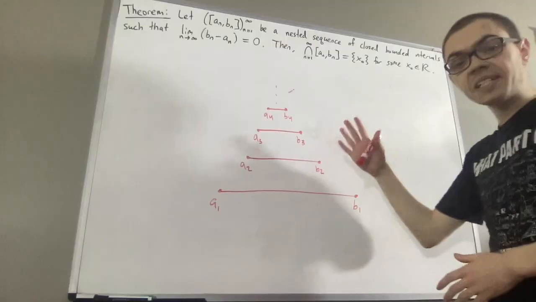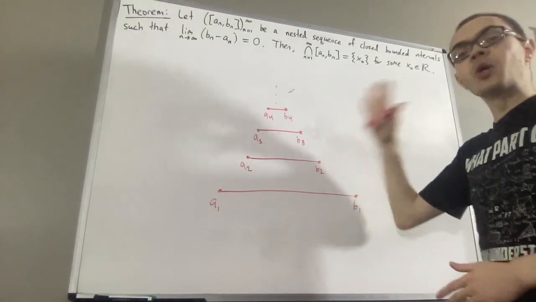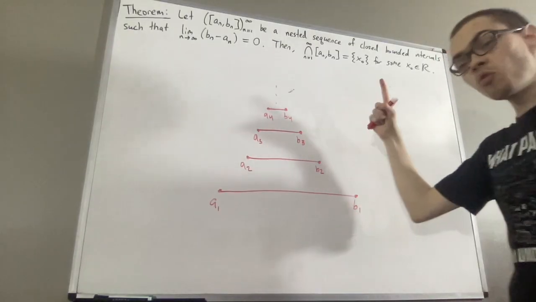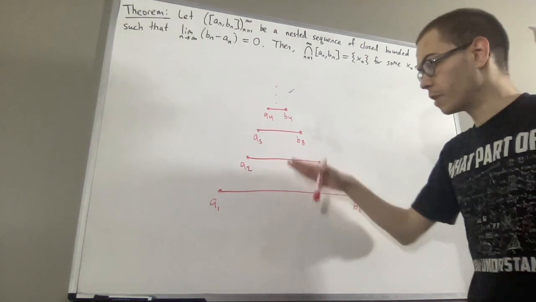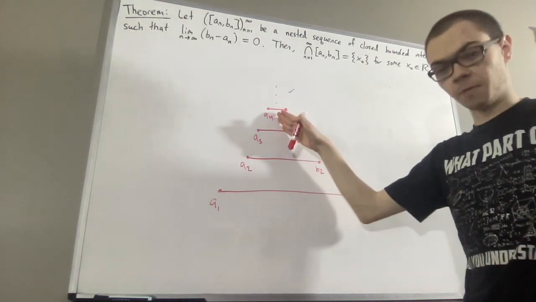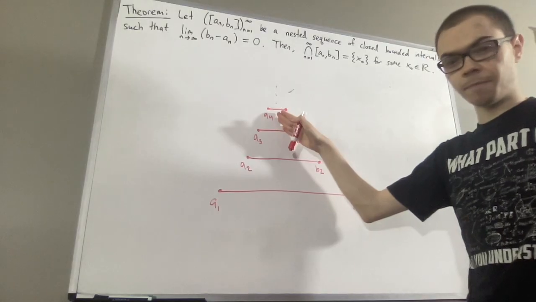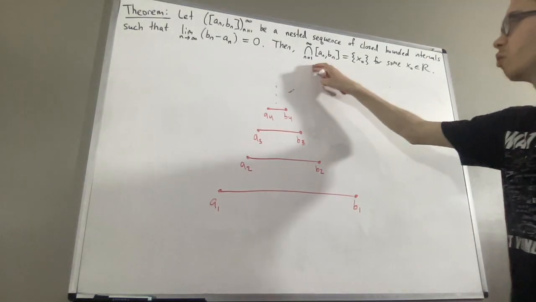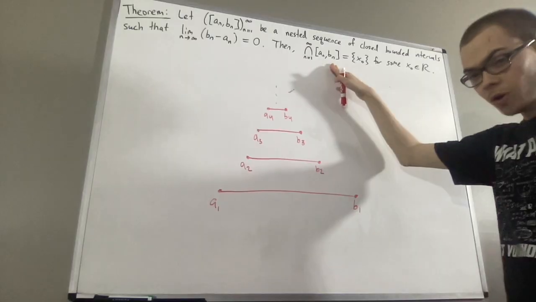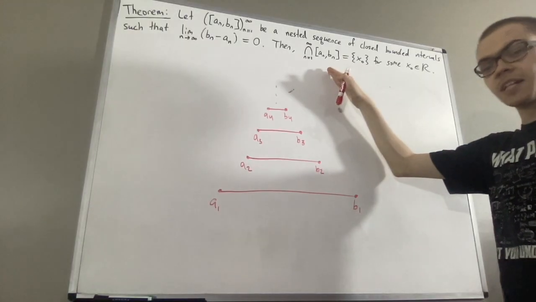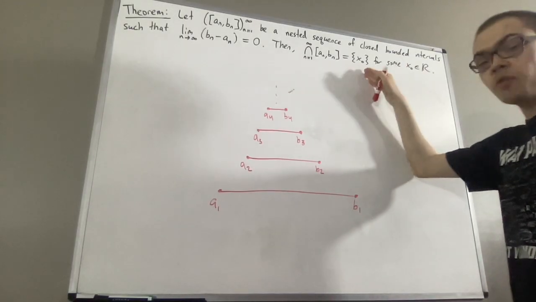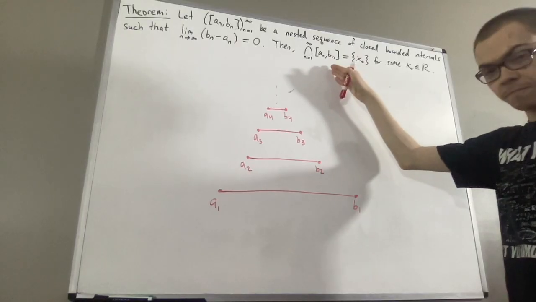Now, by the nested intervals theorem, there does exist at least one real number which belongs to every single one of these closed intervals. Right? So there is at least one real number in the intersection. We're trying to prove that there is exactly one real number which belongs to the intersection.